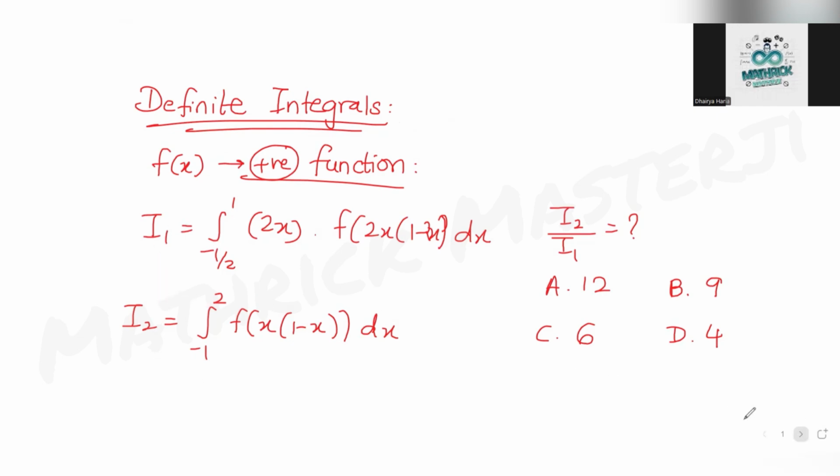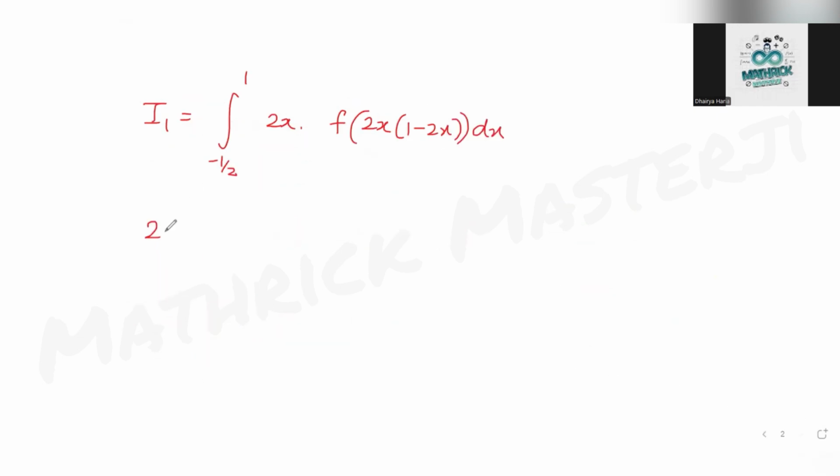So I1 is given to us as limits from minus half to 1, 2x into f of 2x into 1 minus 2x dx. What I can do here is convert it into the form of I2. I can just put 2x as t. If I put 2x as t, the derivative gives 2 dx is dt, or dx is dt over 2.